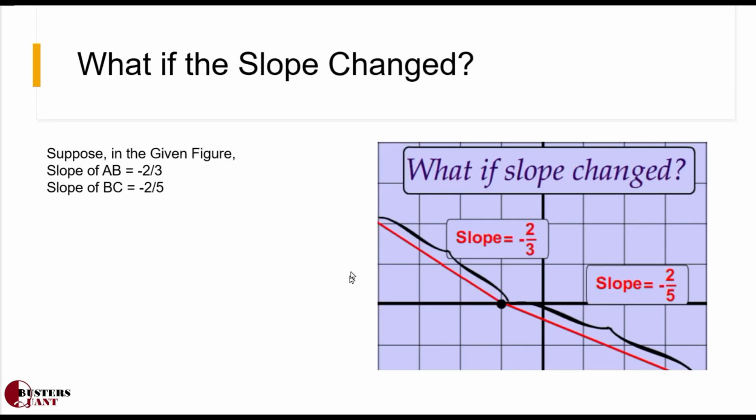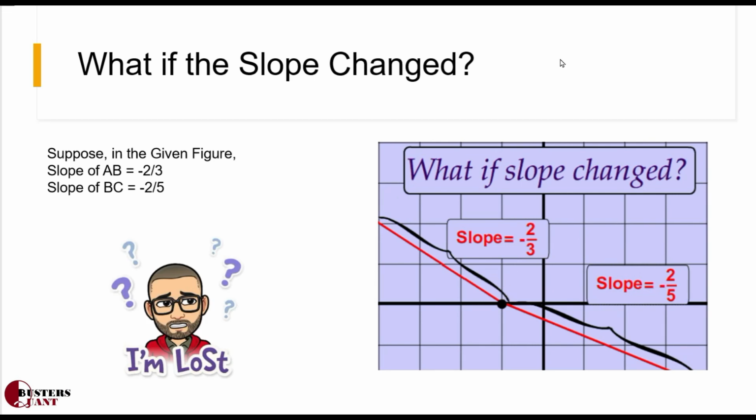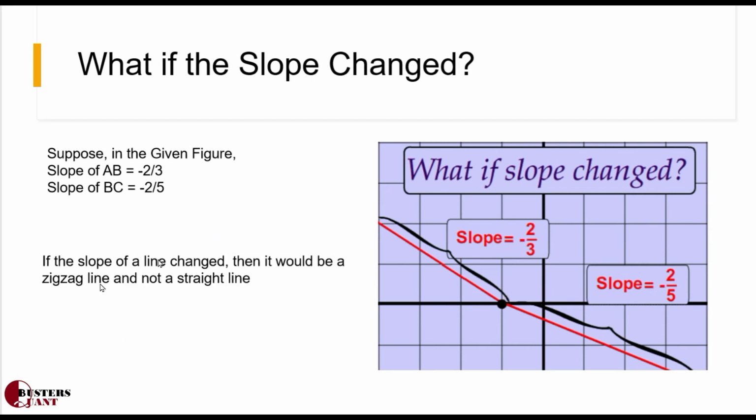Now what if the slope changes? Suppose this is A, B and this is point C. Now the slope of AB is suppose minus 2 by 3 and suppose the slope of BC is different. So what can we conclude?